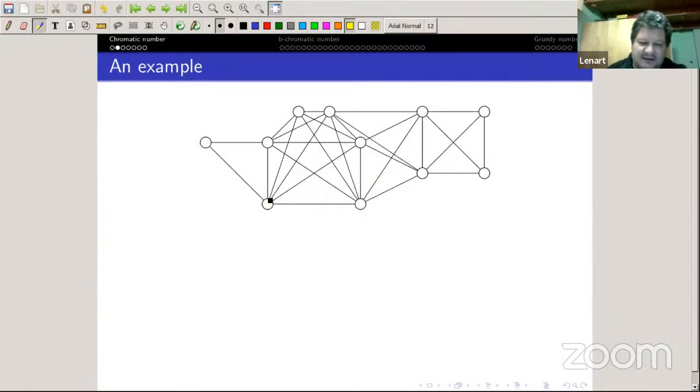You see these circles, these are vertices, and some vertices are adjacent by an edge, and some are not. For instance, this red vertex is not adjacent to this blue vertex because there is no line between them.